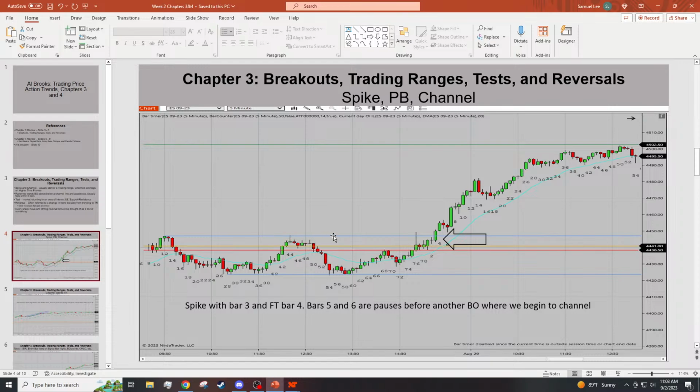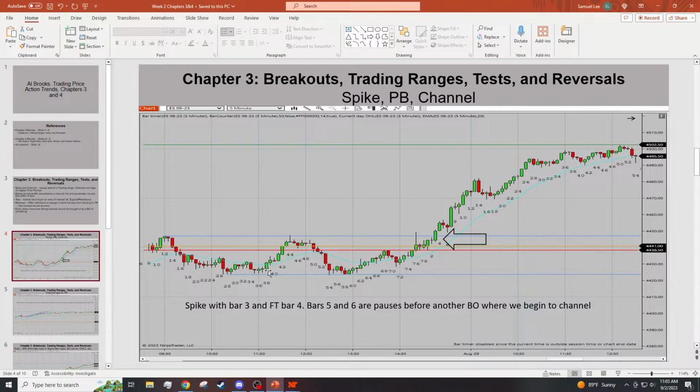I drew this blue line on the top to show that we were in a trading range on the 28th, and August 29th's bar 3 breaks above and closes above that trading range. Then bar 4 is a follow through bar, with bars 5 and 6 being a pause before another breakout, and then we begin to channel.